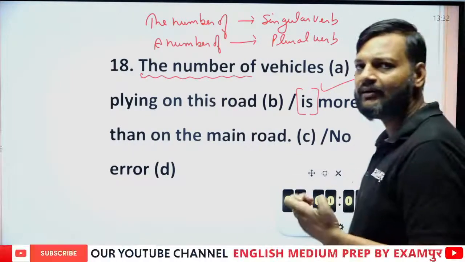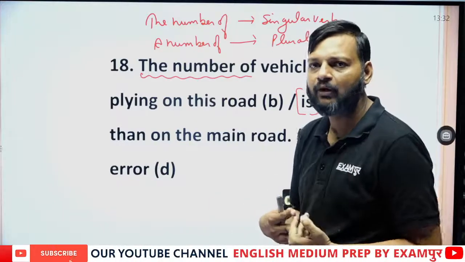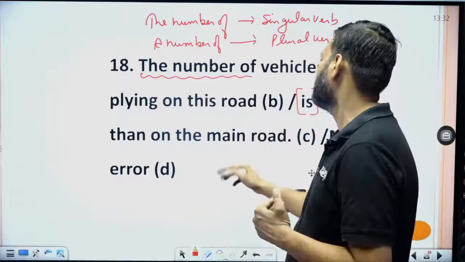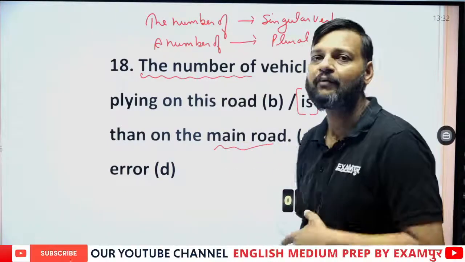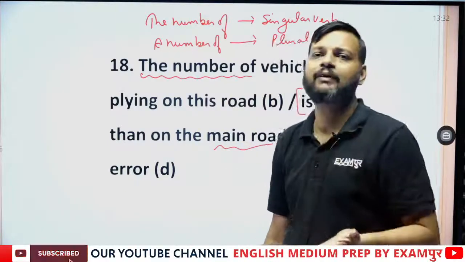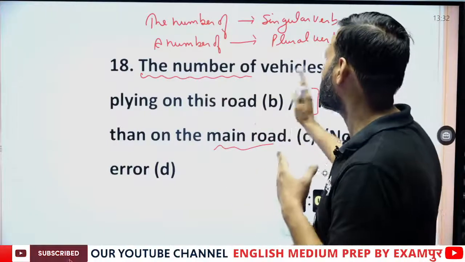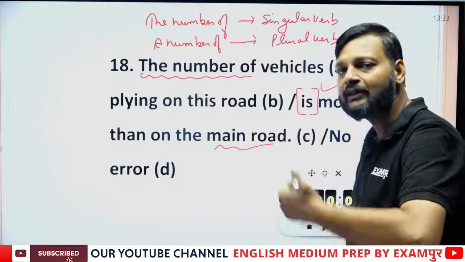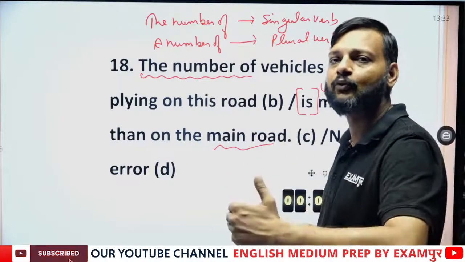But the error is in the comparison, because in this sentence we have not compared the main road; we have compared the vehicles on the main road. So the sentence would be, the number of vehicles plying on this road is more than the vehicles on the main road.